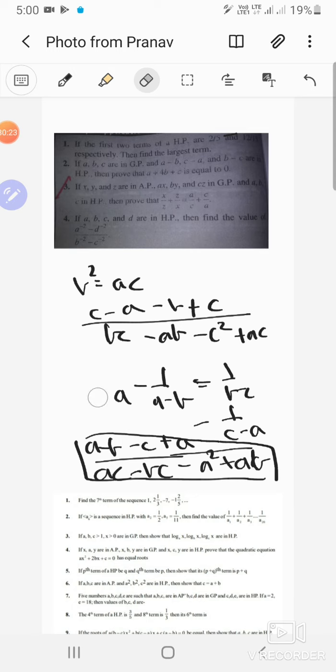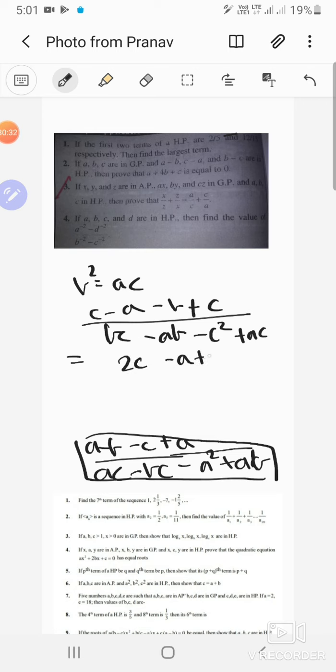Fine, these two things are going to be equal. This can further be written as well. You have C plus C is 2C minus A plus B upon, okay, so BC minus AB minus C squared plus AC.